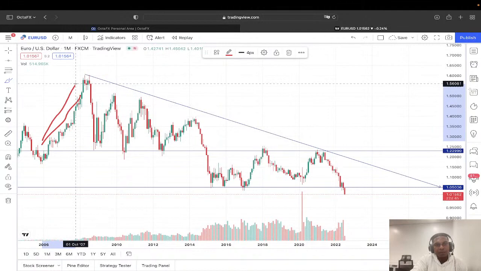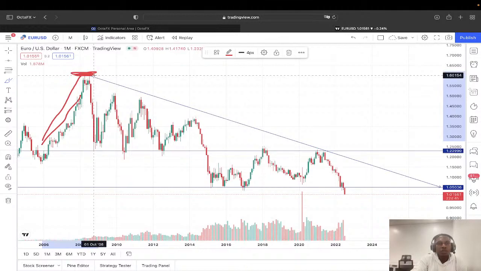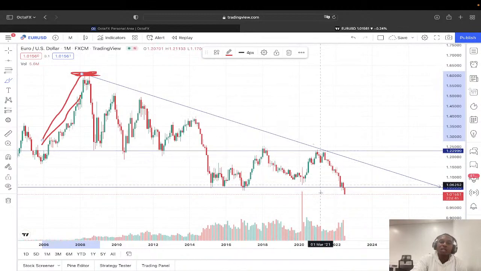Over time, price went up. Price got to this level, which is the highest level price has gotten to since 2008, and it has never gotten back there, even in 2022.